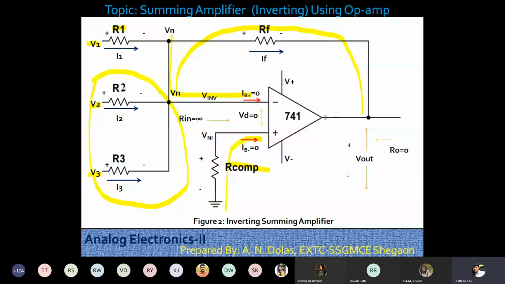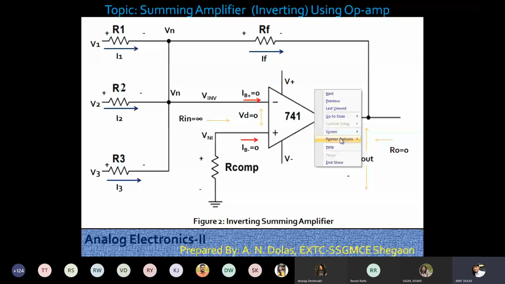Here you can see these three resistances are connected in this fashion and the circuit is called a summing amplifier. Resistance R1 is connected to node Vn. This node and this node are the same because the same line is connected, with no other components.